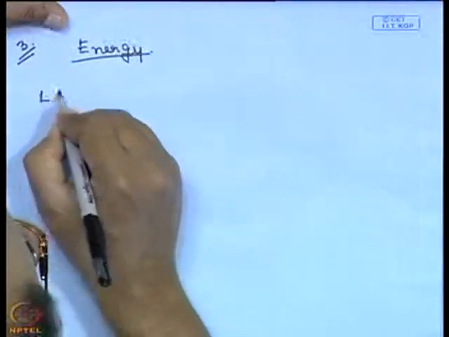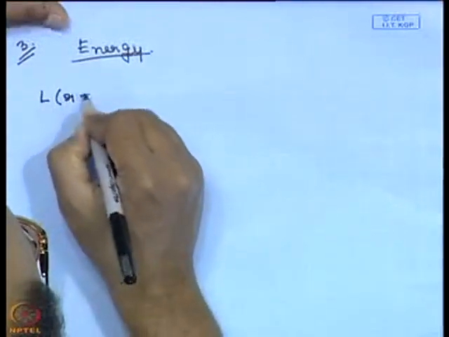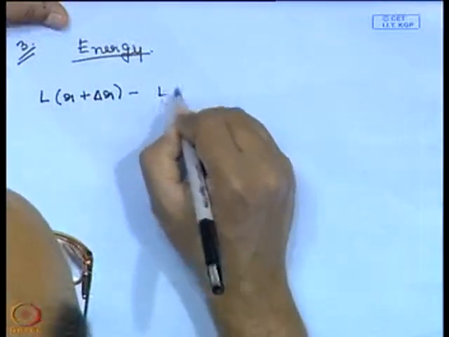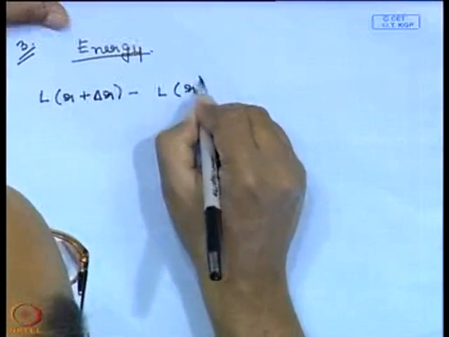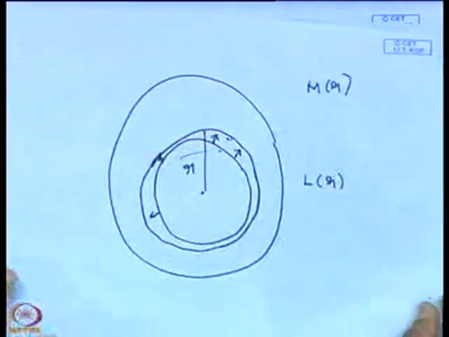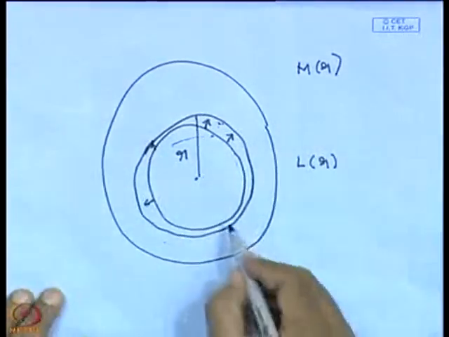Okay. So, the difference in the total radiation coming out from these two surfaces is the energy which is generated in this shell.